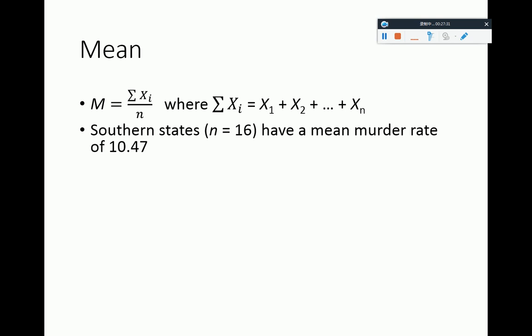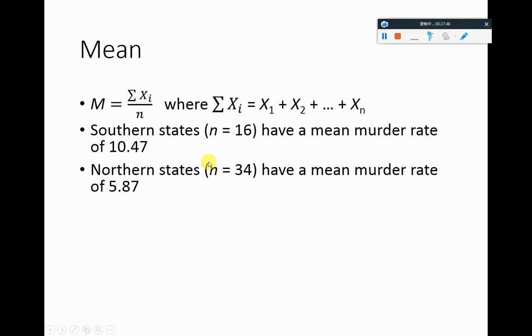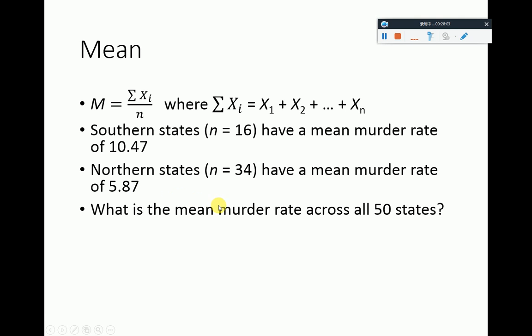But sometimes you don't have information like that. Sometimes you're told that southern states, of which there are 16, have an average murder rate of 10.47, whereas the northern states, there are 34 of them, have an average murder rate of 5.87. And now you're asked to find the average murder rate across all 50 states.